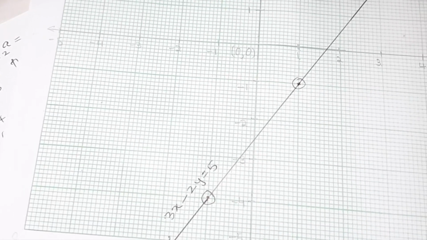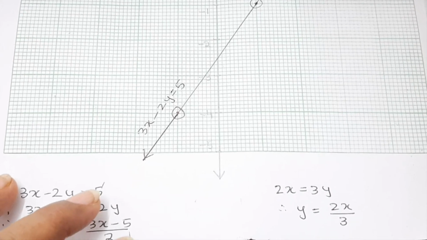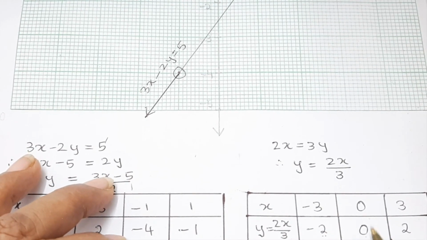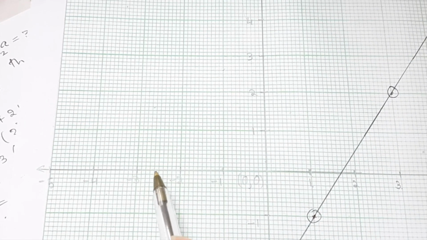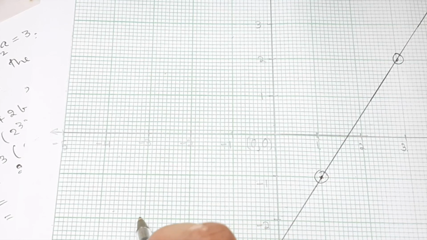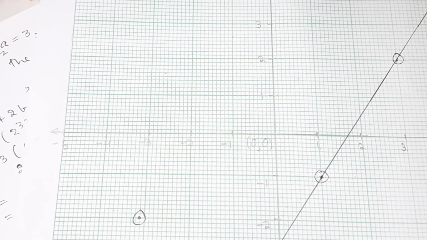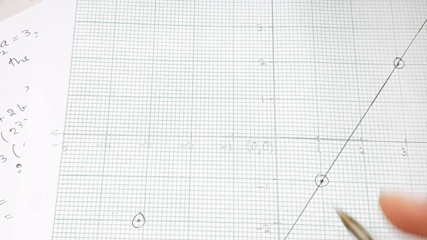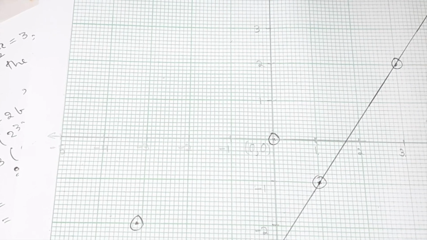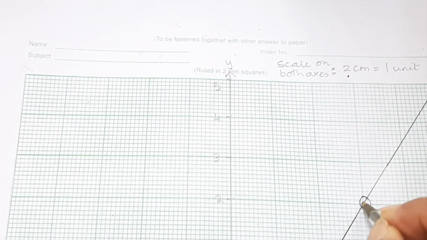Now for our second line, our points are minus 3, minus 2; 0, 0; and 3, 2. So this is minus 3 and this is minus 2. So this is our first point. Then we have 0, 0, that is this point, and then 3, 2 is the same point.